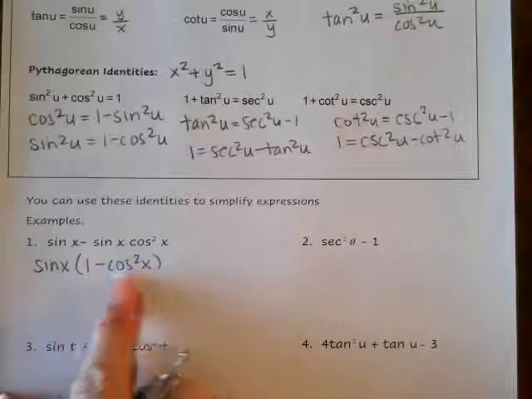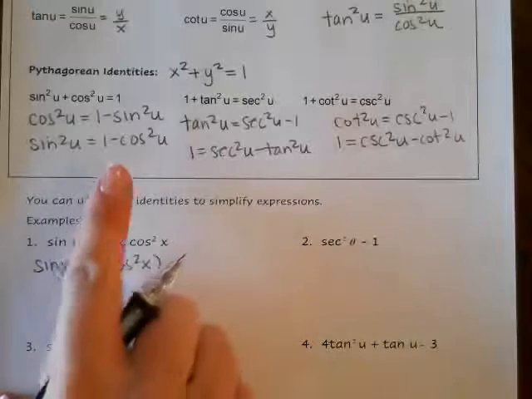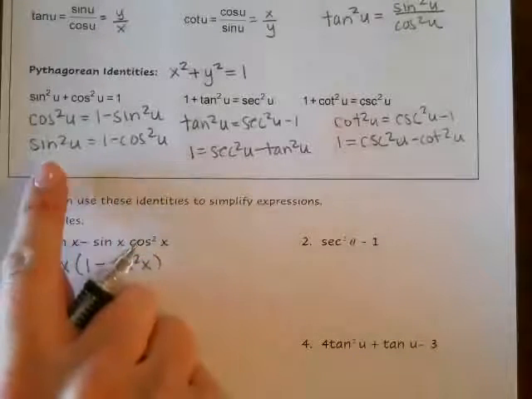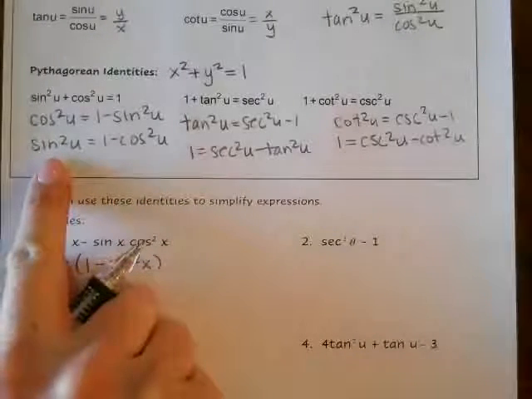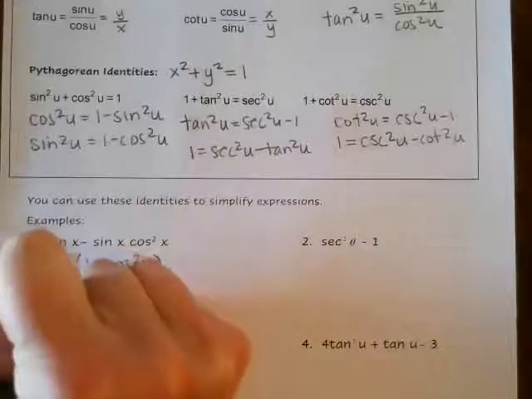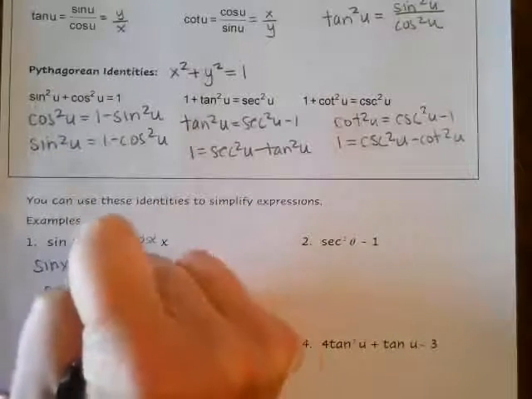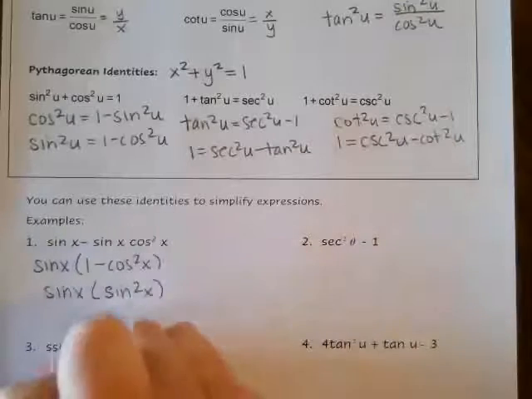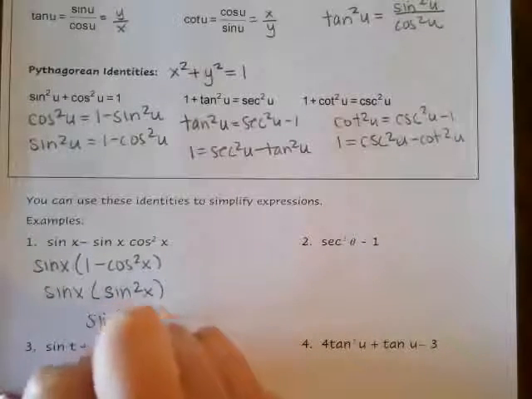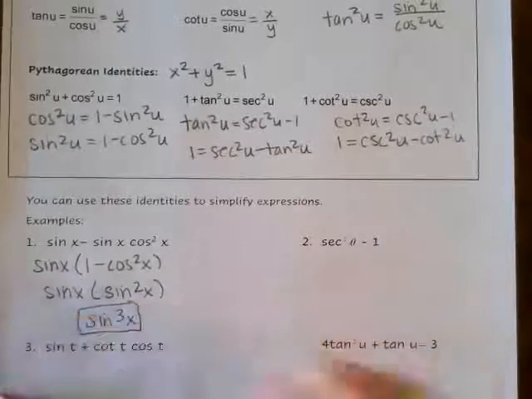And then this is one of the identities that we can recognize. It's right here, 1 minus cosine squared of u is equal to sine squared. So this is sine of x times sine squared of x, which gives us the sine cubed of x.